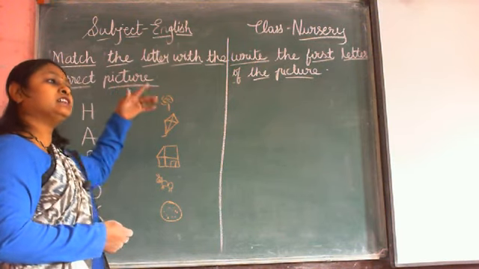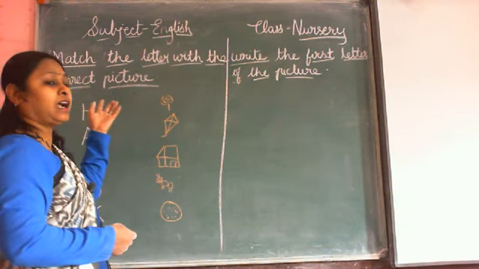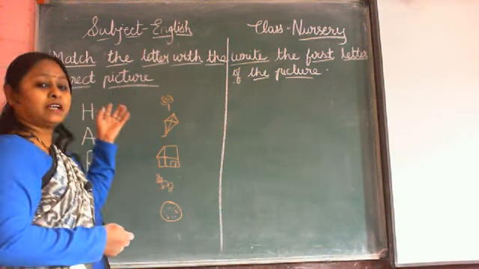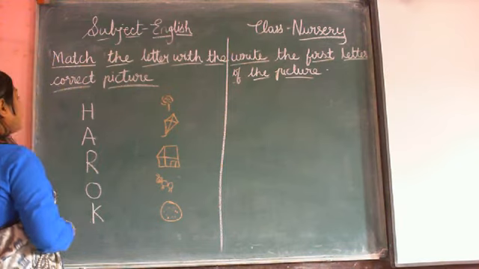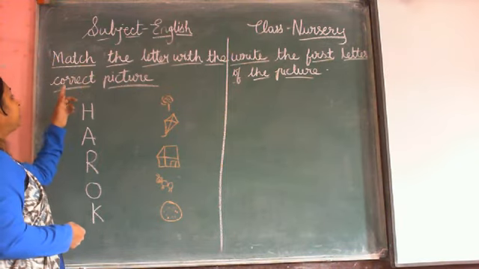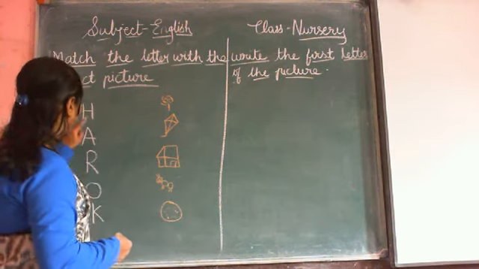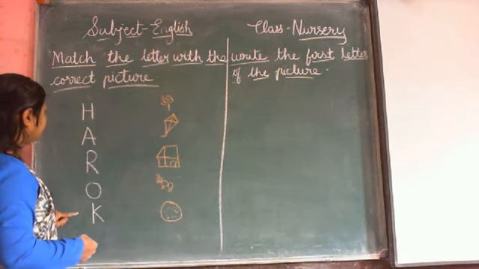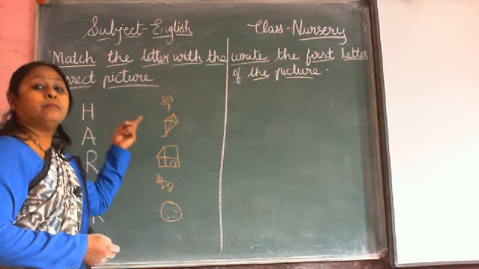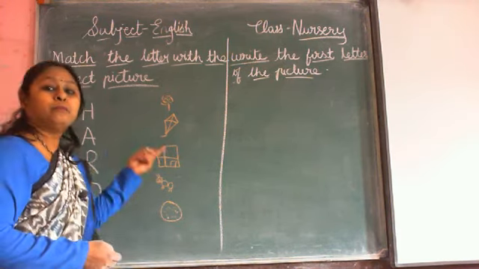We have done this many times, but again we are revising all the works which we have done. So match the letter with the correct picture. We have to identify the letter and match it with the correct picture.